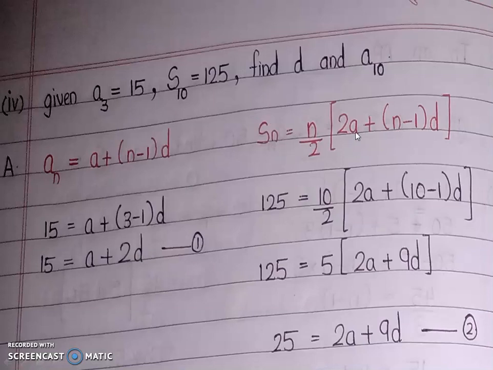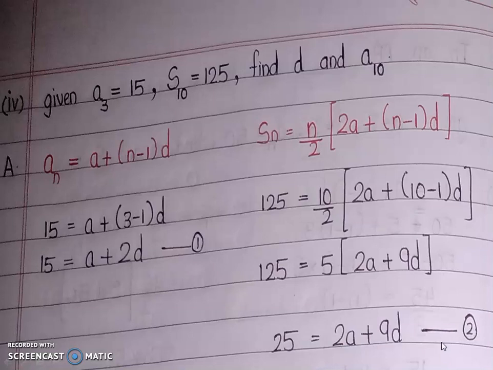N is already given 10. Okay. Sn is 125. N is 10. So, you will substitute and here also you will get an equation. 15 is equal to A plus 2D is the first equation. 25 is equal to 2A plus 9D is the second equation.